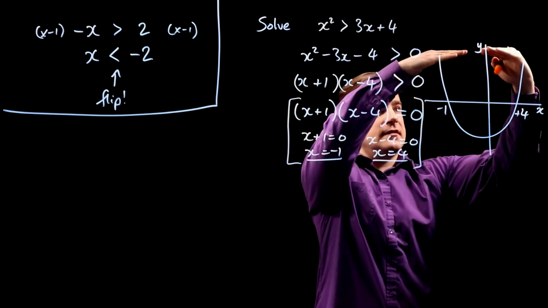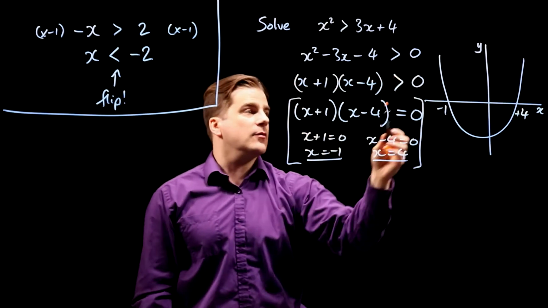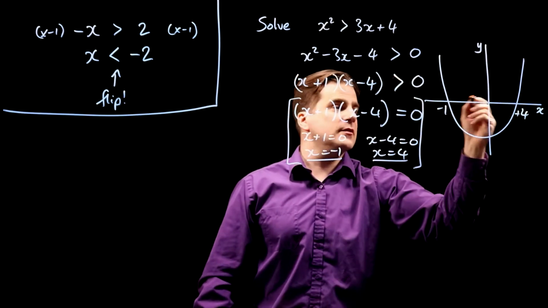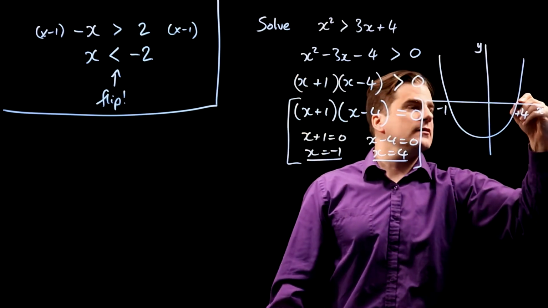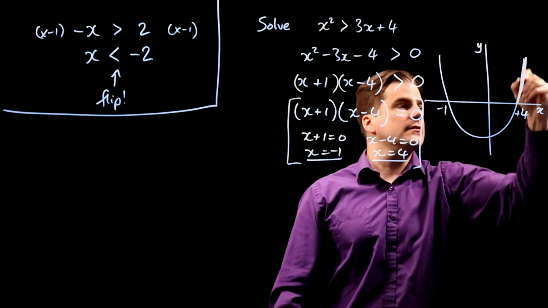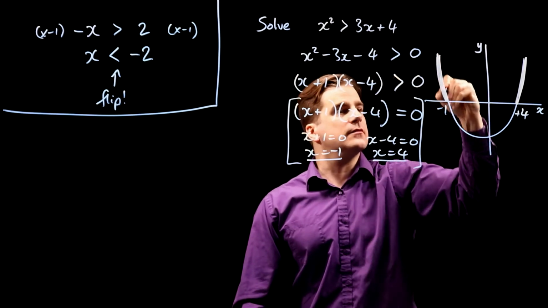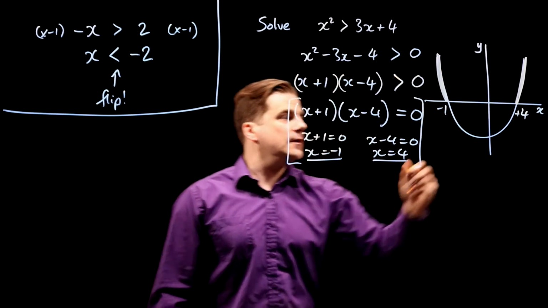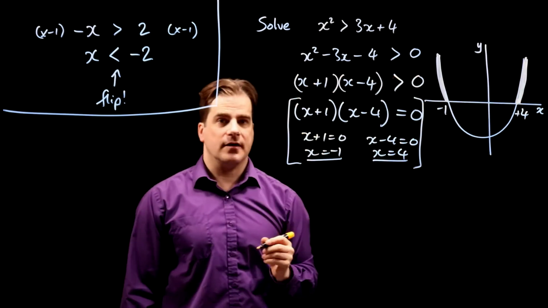This is greater than 0, y is greater than 0 there, and it's less than 0 here. So which region of this sketch is greater than 0? Well, from there onwards. So it's this bit here and this bit here. Those are the regions we're interested in.